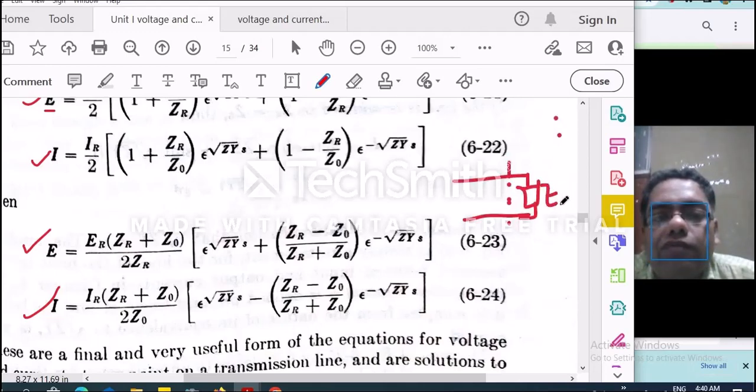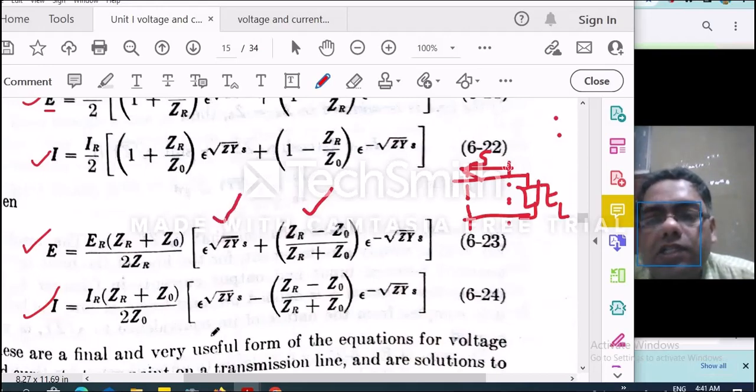To find it at another point on the transmission line at a distance s from the load end, we use the general equation. One part represents the reflected wave and the other part represents the incident wave.